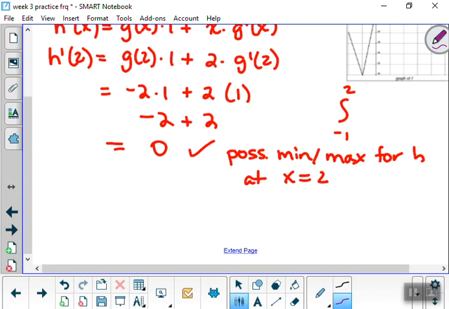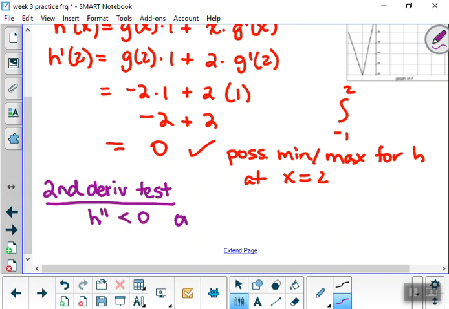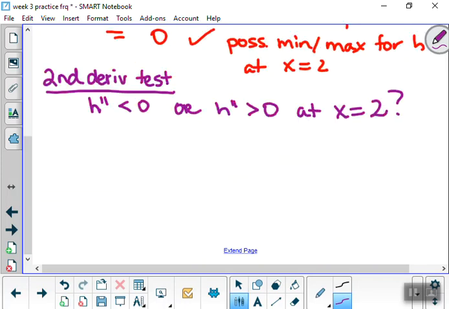Or we can use the second derivative test. Basically, we're going to look at whether the second derivative is positive or negative at x equals 2. Okay. So, my second derivative.